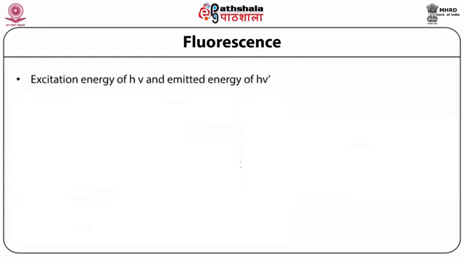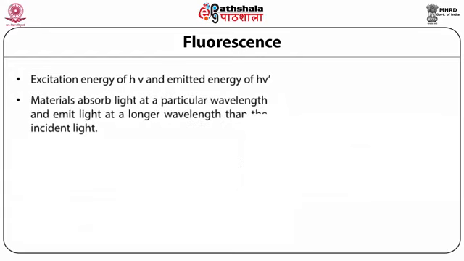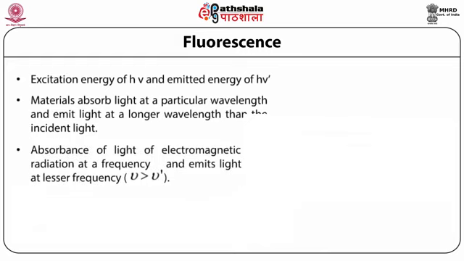In fluorescence, the material absorbs light at a particular wavelength and emits light at a longer wavelength than the incident light. This can also be explained as absorption of electromagnetic radiation at a frequency nu and emission of light at a lower frequency nu prime, when nu is greater than nu prime.